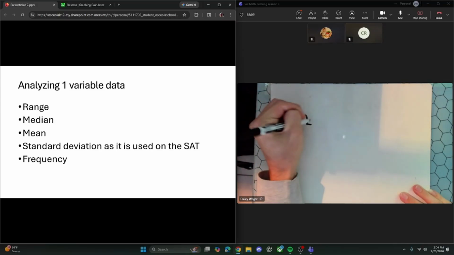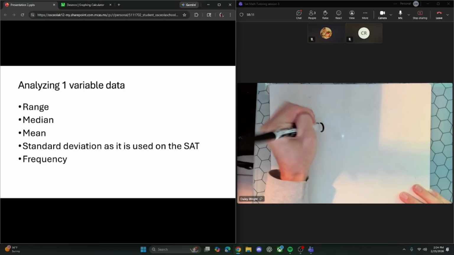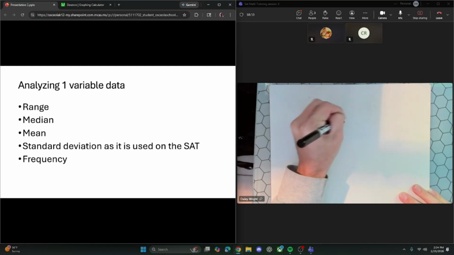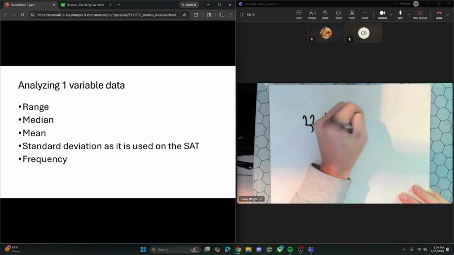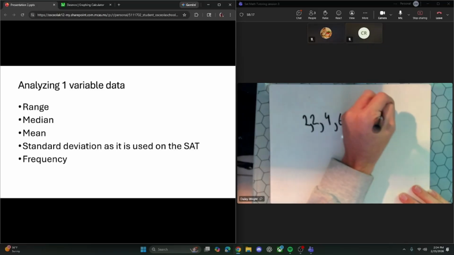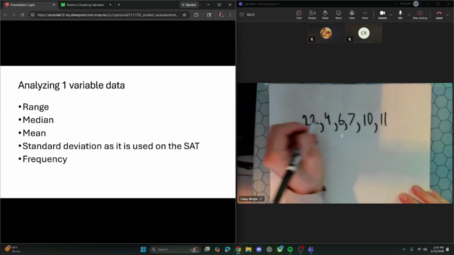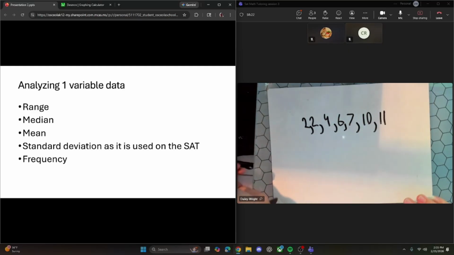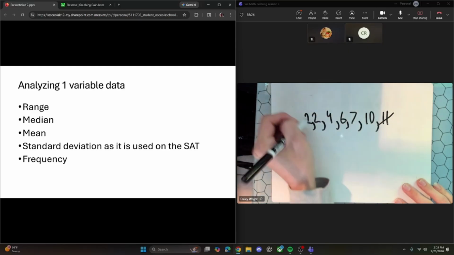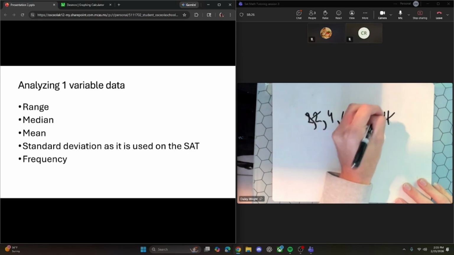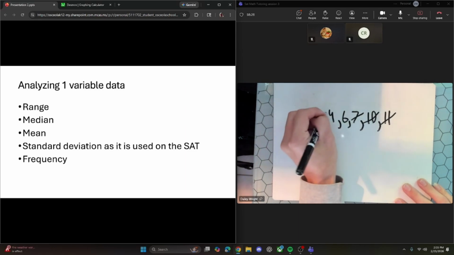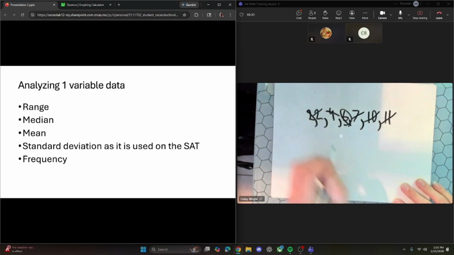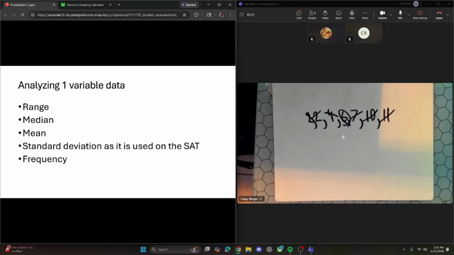So let's say we had 2, 2, 4, 6, 7, 10, 11. Then the middle value would be 6. That's how you would find the median.